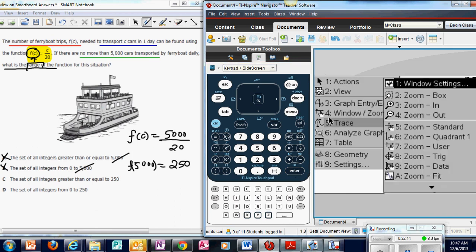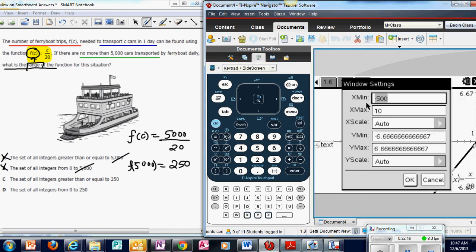Oops, let me go back to my window. Sorry about that. Okay, negative 500, tab, and then go up to that 5,000. And instead of auto, I want to pick how I want to count here. I'm going to count by thousands, because I don't want to see a whole bunch of little tick marks; you'll end up looking like a line.